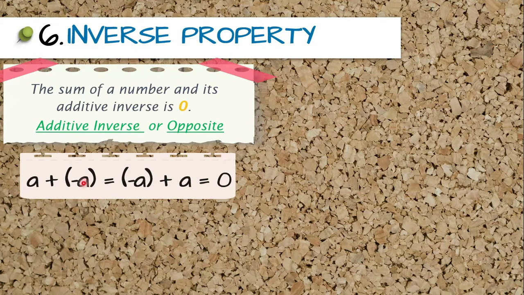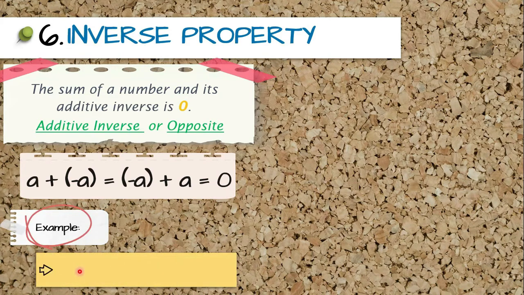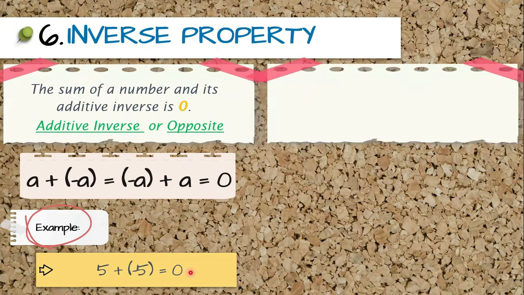So, that means if we're going to add any number to its additive inverse or to its opposite number, meaning to say you have different signs, the answer is always equal to 0. Example, 5 plus negative 5 is equal to 0. So you have positive 5, and if you're going to add it to its opposite or additive inverse, which is negative 5, that is always equal to 0.